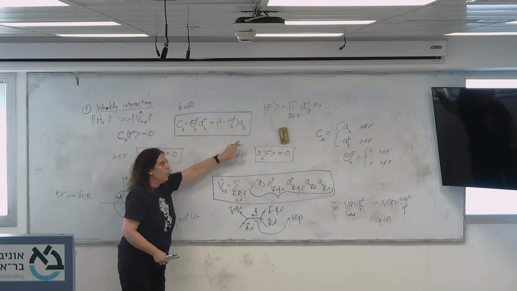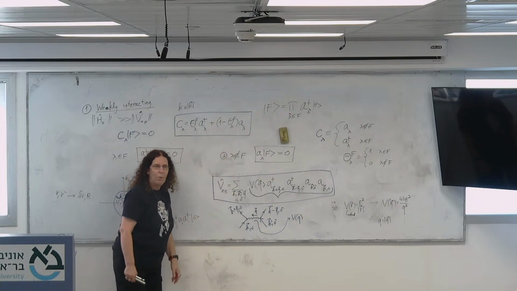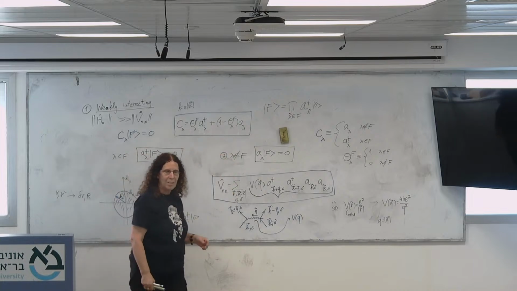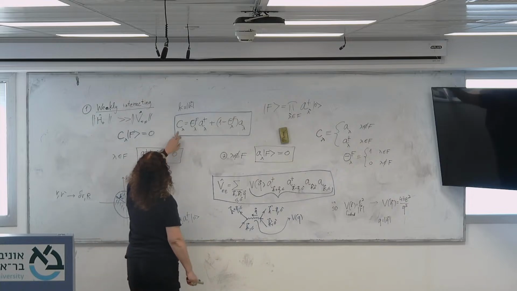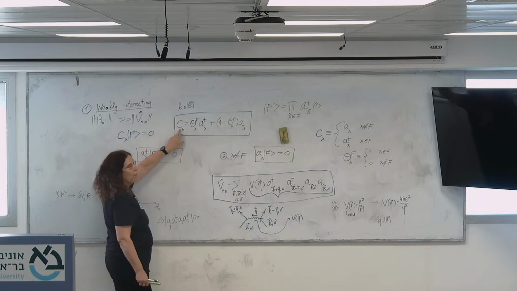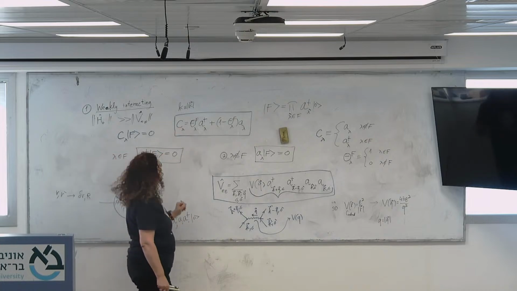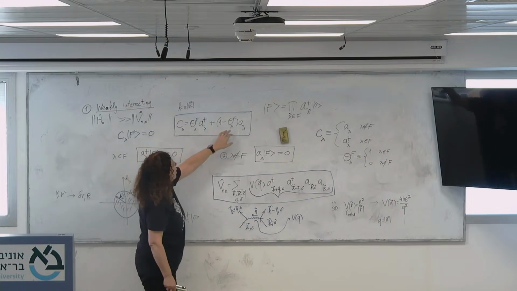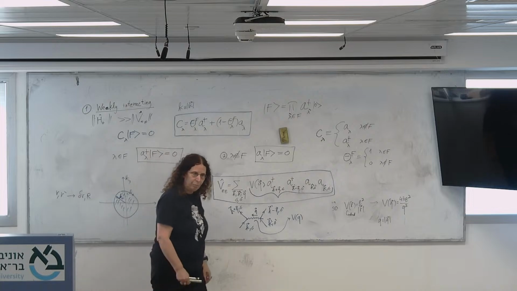Later in the course, in two weeks or so, we're going to see a less trivial example where you can define such particles, and this is called the Bogoliubov transformation, that are non-trivial superpositions of A and A dagger.